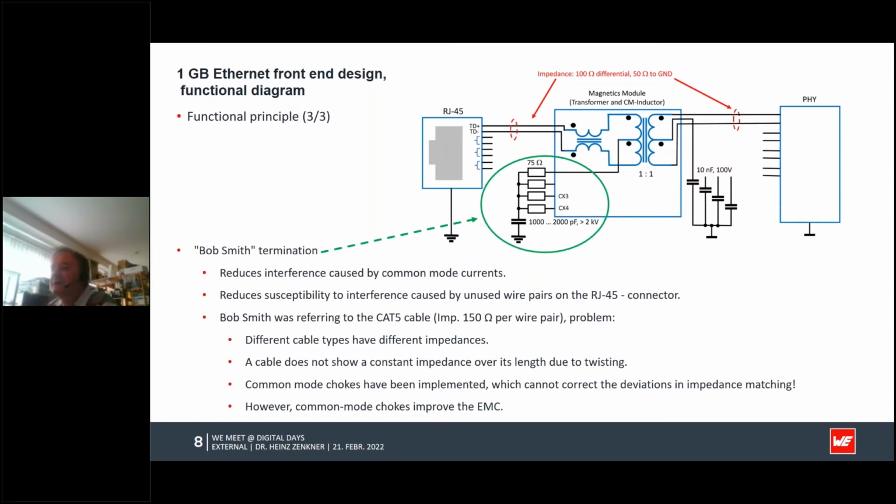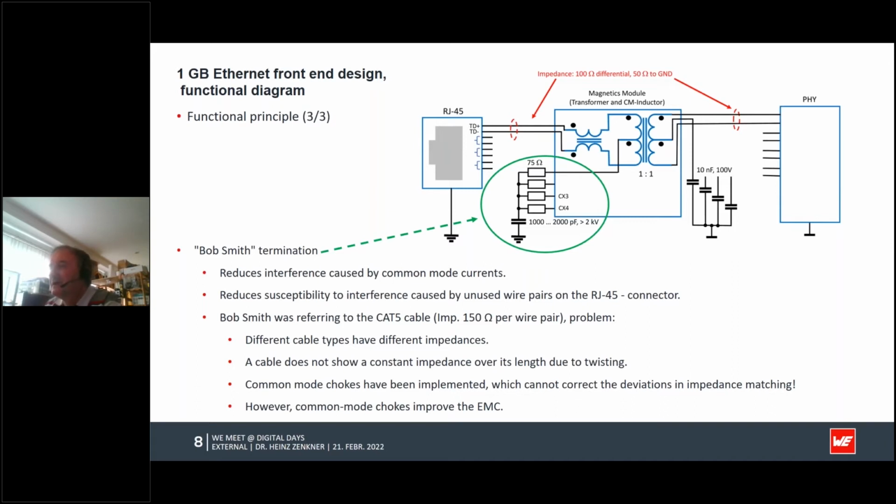But at least we can drain and reduce the common mode disturbances. So we cannot correct the impedance, but we can reduce the noise, let's call it, we can improve the EMC. This is the main reason why we can use it. We improve the EMC behavior towards immunity and towards emission.